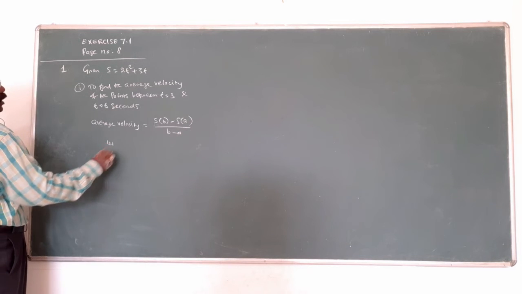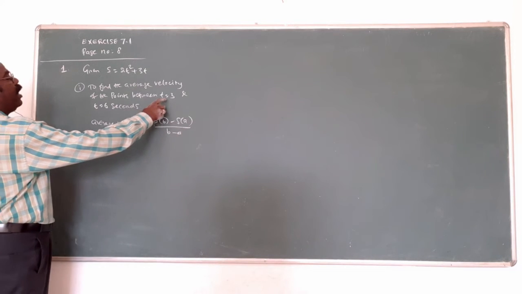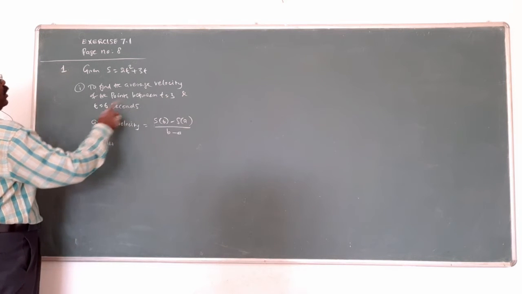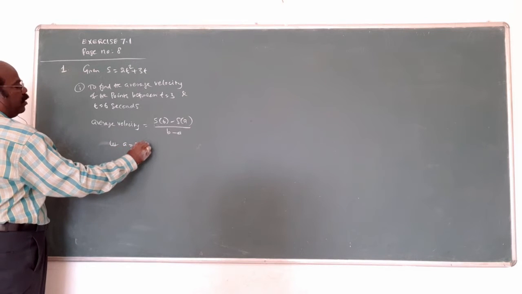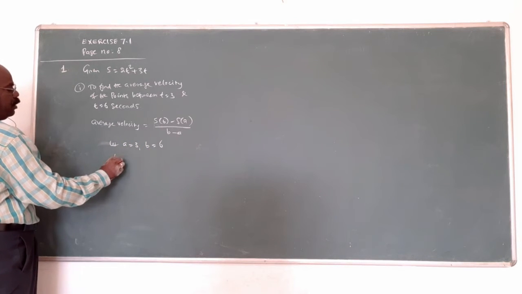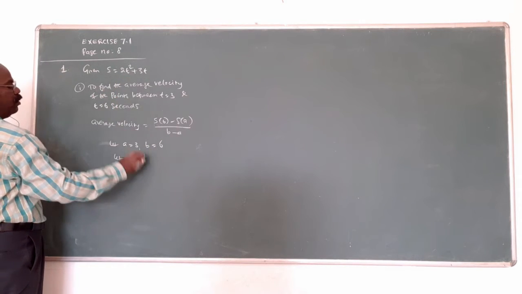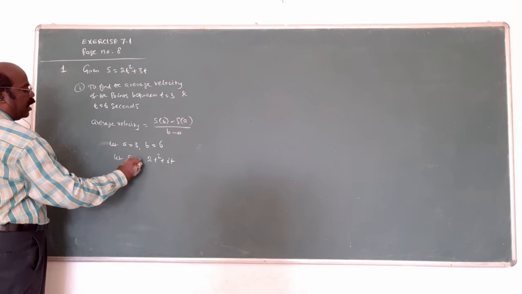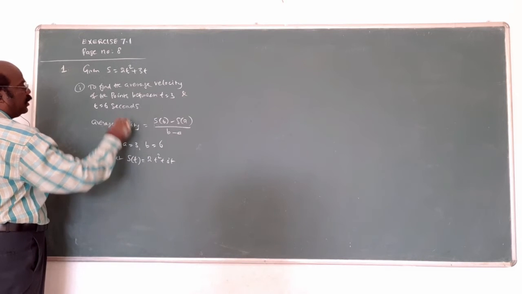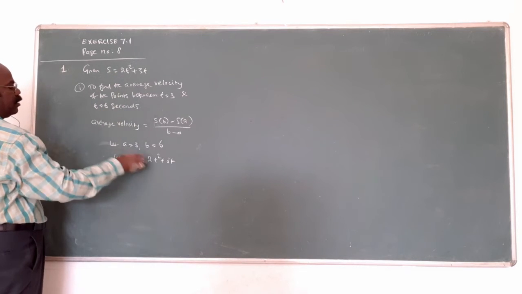Now start here, put in the points. Here t equal to 3, t equal to 6. That means let a equal to 3, b equal to 6. Let s equal to 2t square plus 3t. This can be s of t.